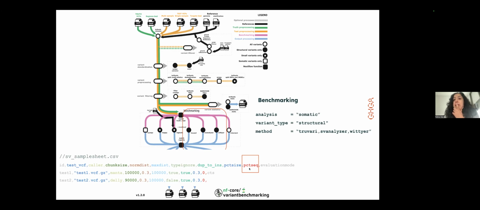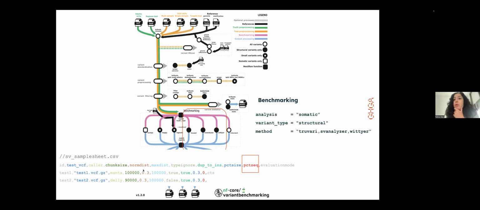So I implemented the benchmarking tool parameters to the sample sheet itself, and there is a reason behind it. So those parameters can be used differently per test. So those can be tuned well into the testing strategy.